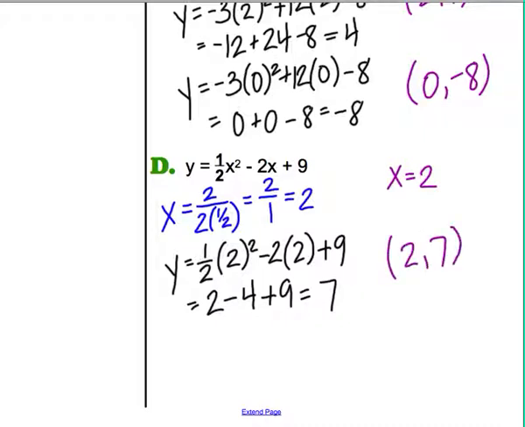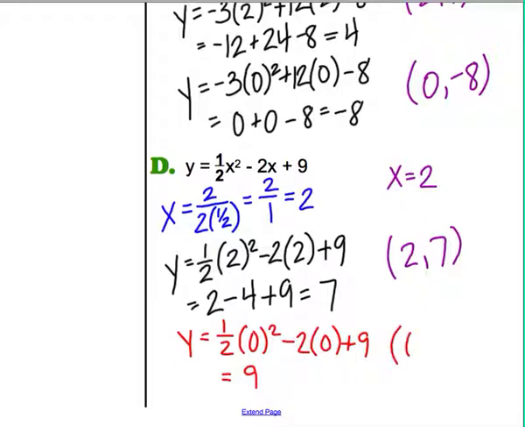And then finally doing the y-intercept, you get y is equal to 1/2 times 0 squared minus 2 times 0 plus 9, which multiplying through and adding together, you get 9, which makes our y-intercept 0, 9.